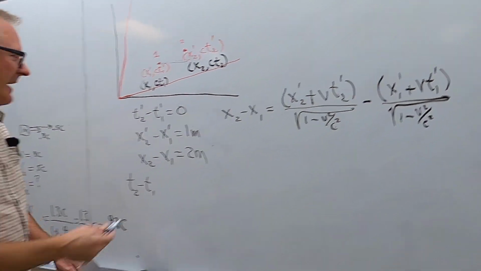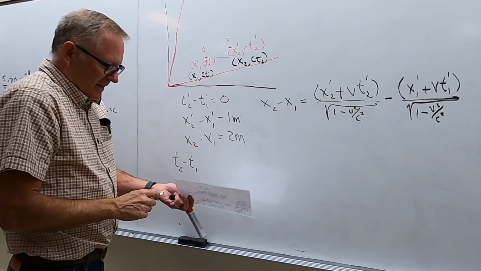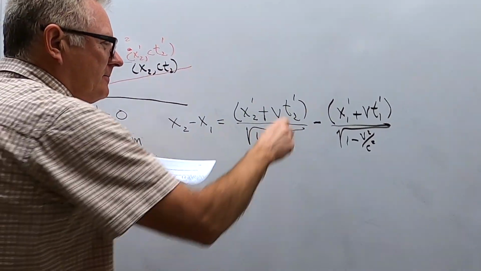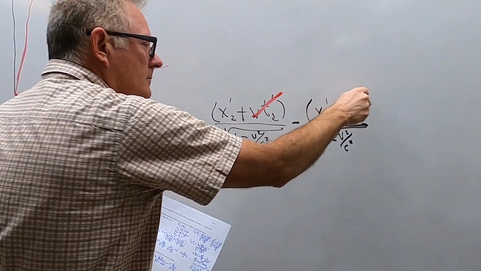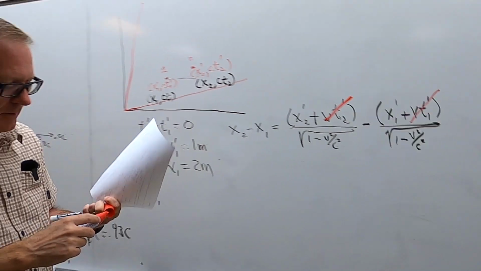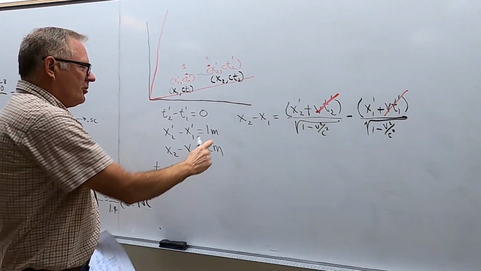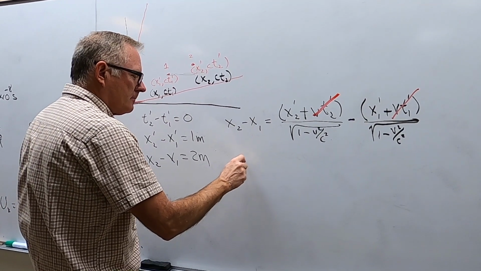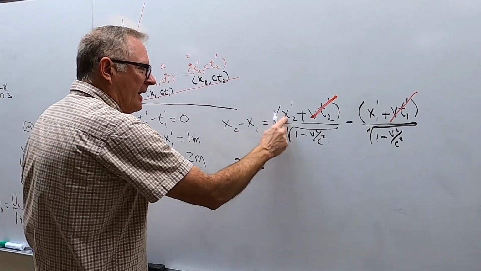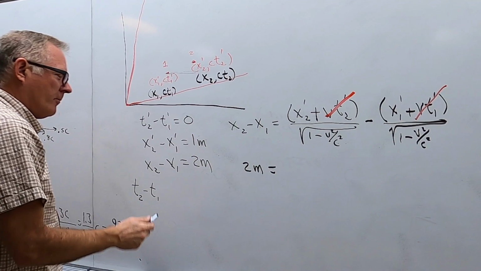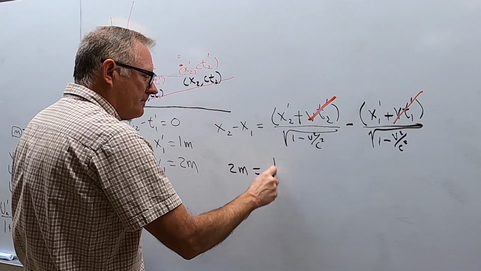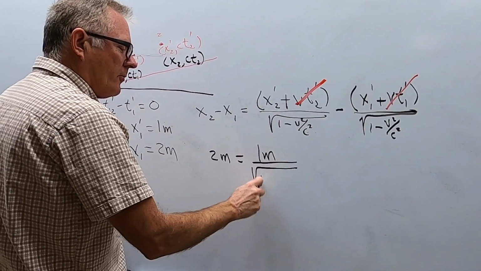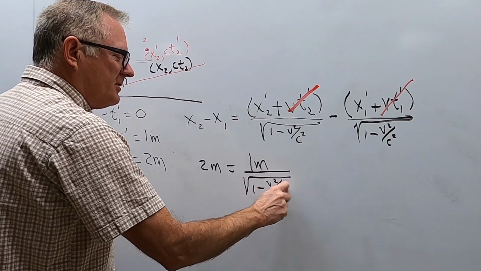Well, we said that the two times were the same, so this term and that term cancel out. And x2 minus x1 was 2 meters. x2 prime minus x1 prime is 1 meter, divided by the square root of 1 minus v squared over c squared.